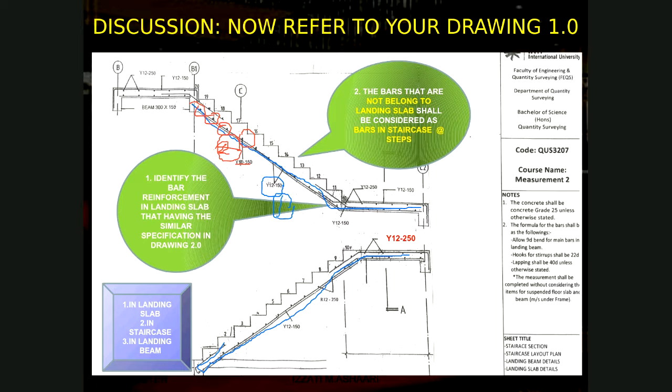Okay, this one should be until here. Then this one has similar specification. Can you see that? So this part is also item number 1. When I say this is item number 1, that means you can total up. You can total up Y12 150 for the top flight and Y12 150 for the bottom flight.